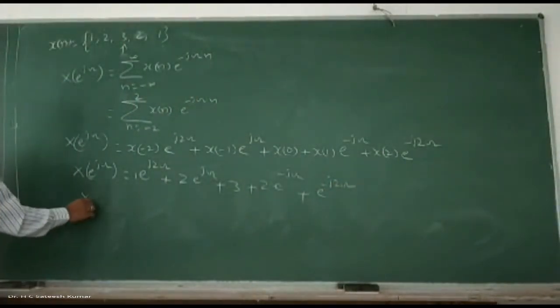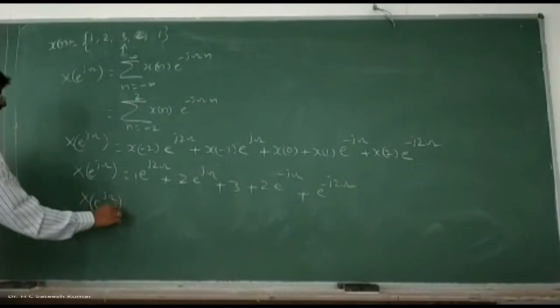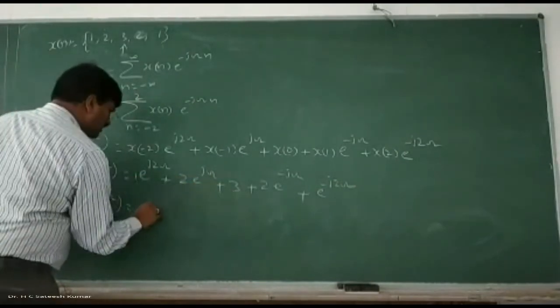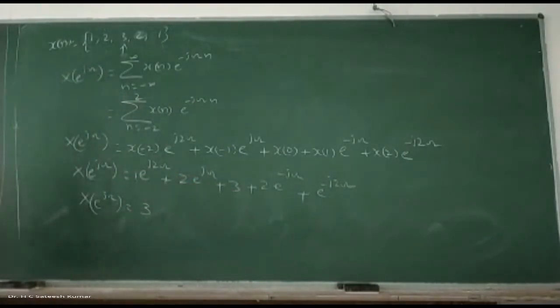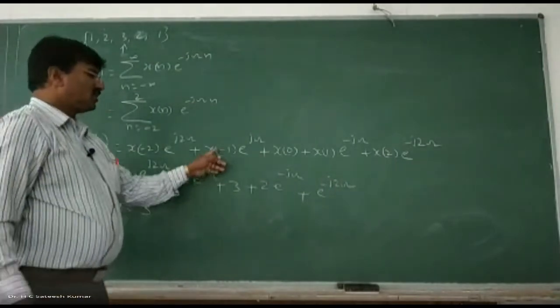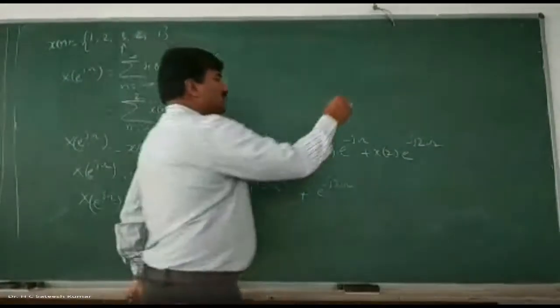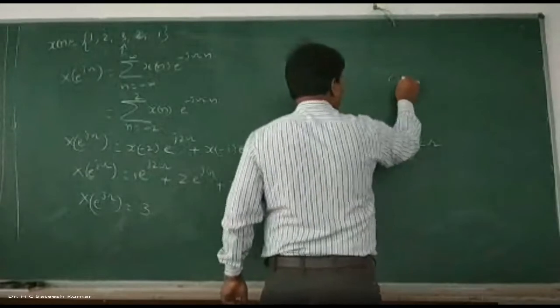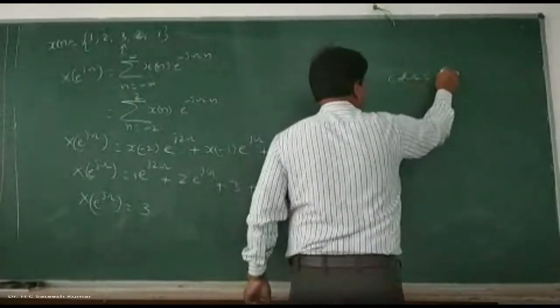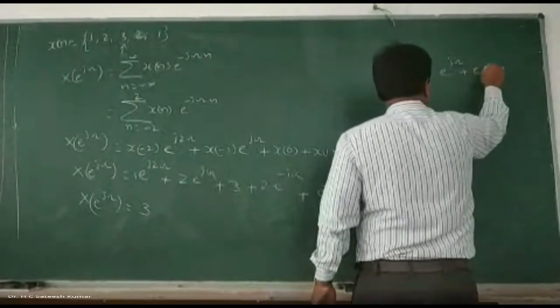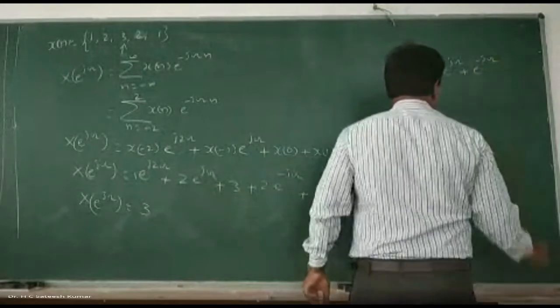Now simplify this. 3 is a constant, so I'll write it in the beginning itself. Cos omega is equal to e to the power of j omega plus e to the power of minus j omega divided by 2.